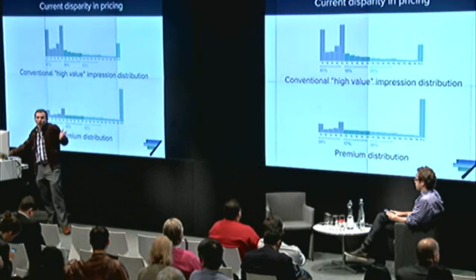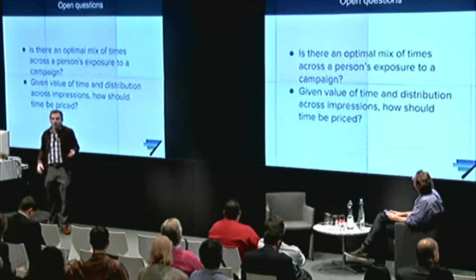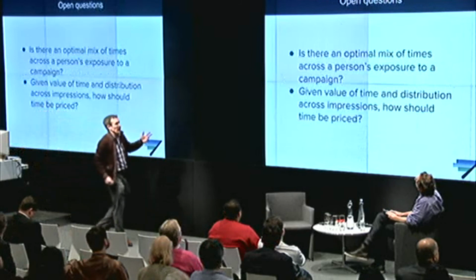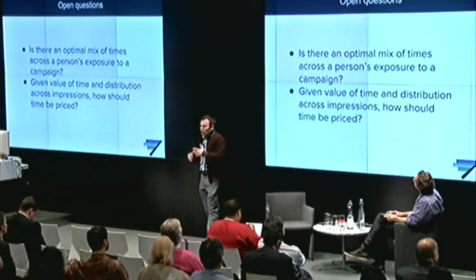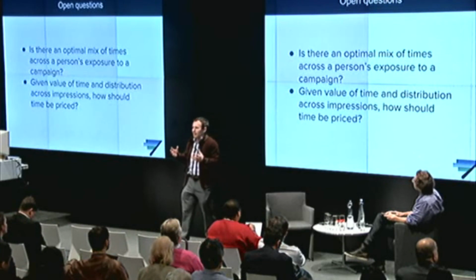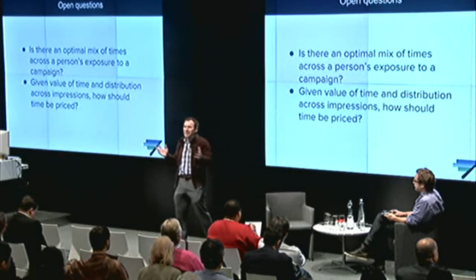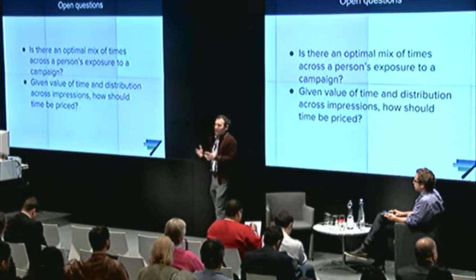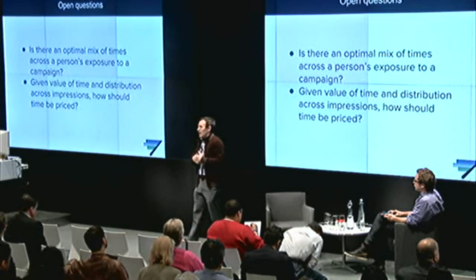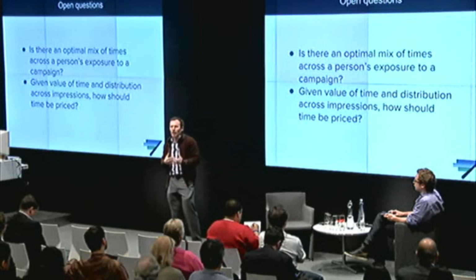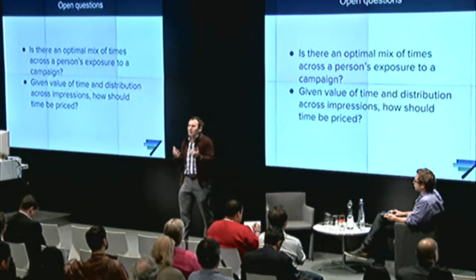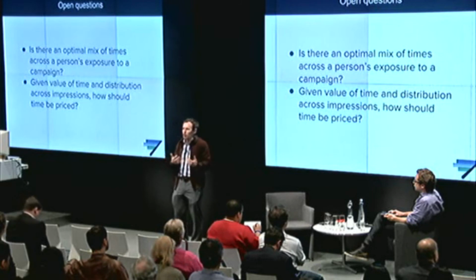I'll leave you with a couple of open questions that I think are really interesting for further research. One question is, there's been at least dozens of years of marketing research that says that when you're thinking about ads at the impression by impression level, it talks about the number of impressions a person should be exposed to, right?